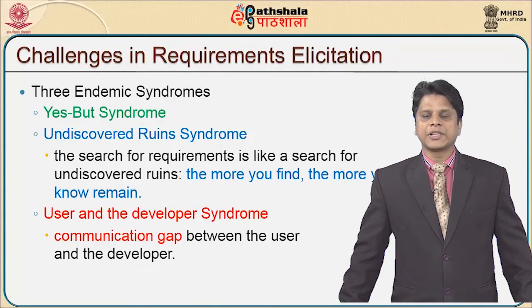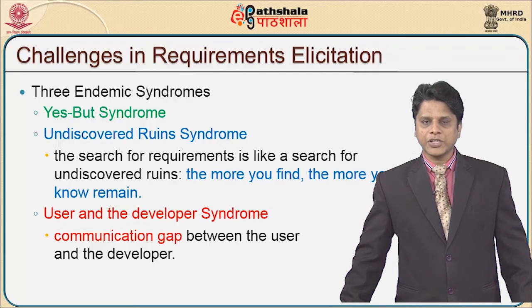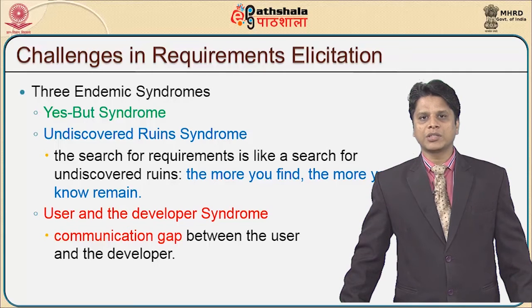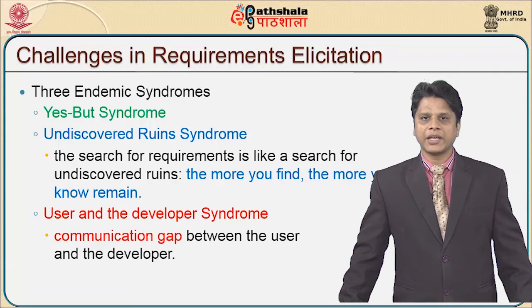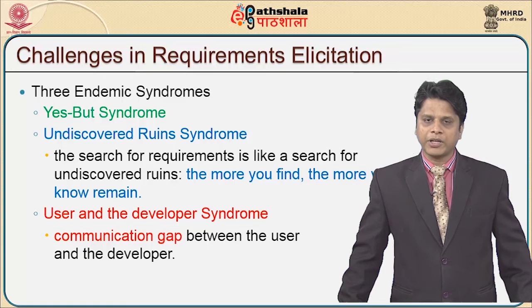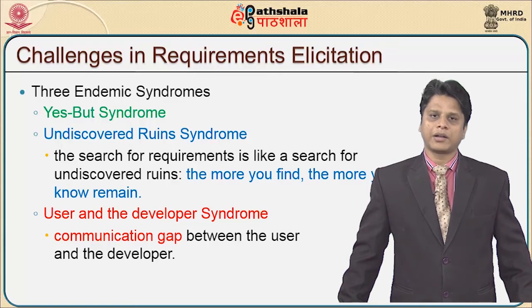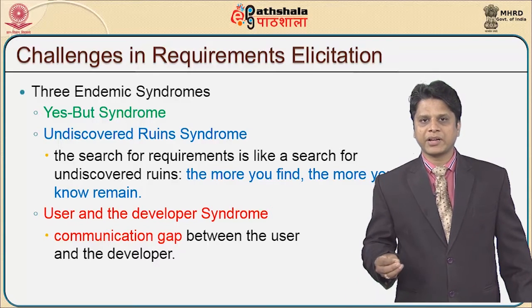As part of requirements elicitation, we have major challenges that are to be focused on. They have been categorized under 3 epidemic syndromes. The first is called the yes but syndrome, which is very common in today's scenario. If you seek help from your friends, they would generally first say yes, but then they will specify a constraint.